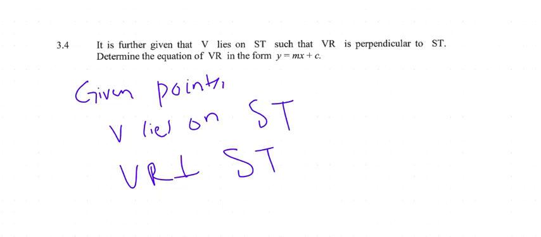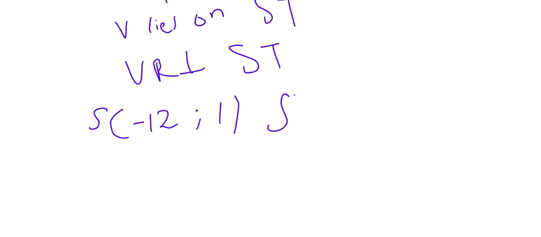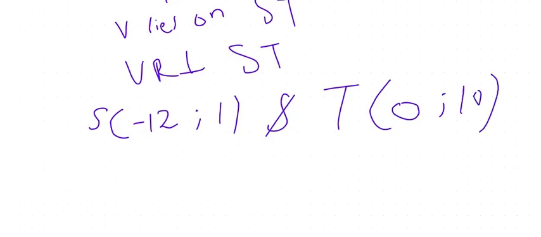So we have the values. S is (minus 12, 1) and T is (0, 10). The gradient of ST is what we have to find out first.